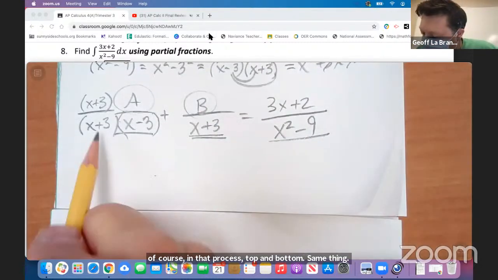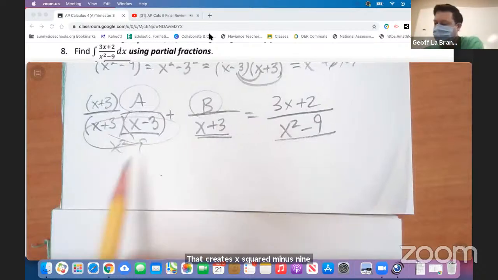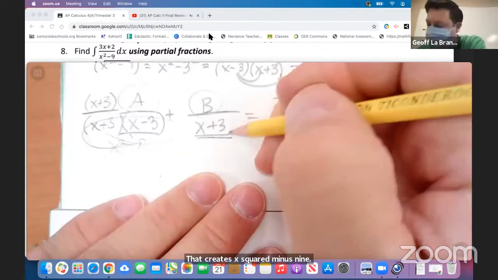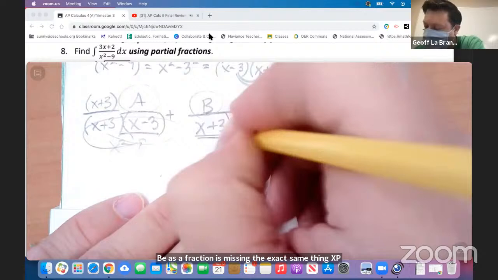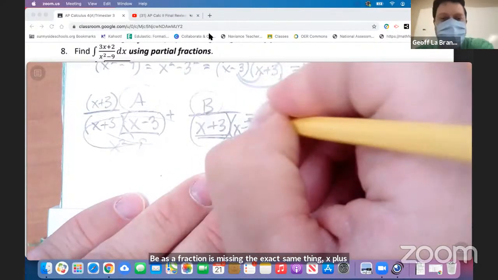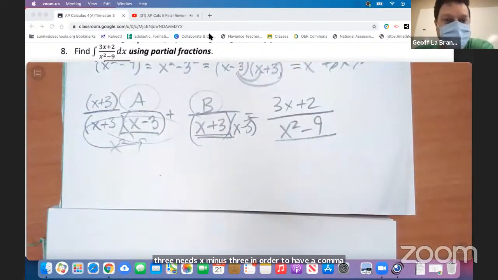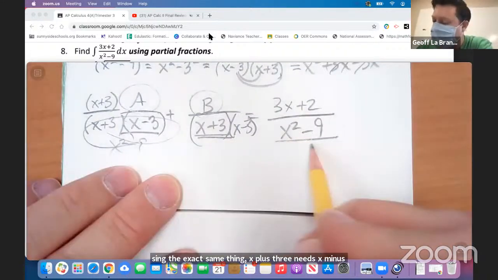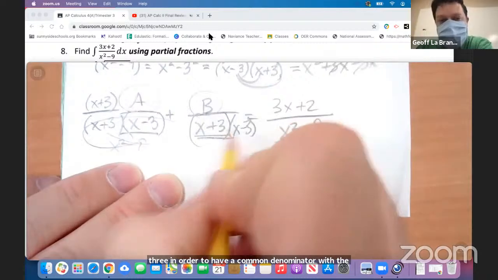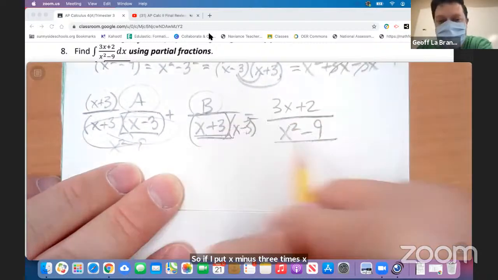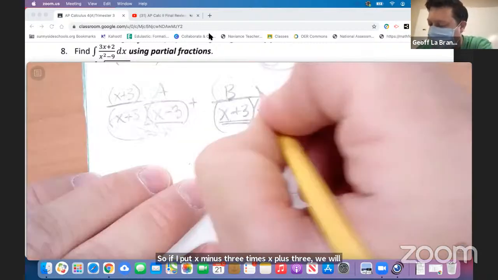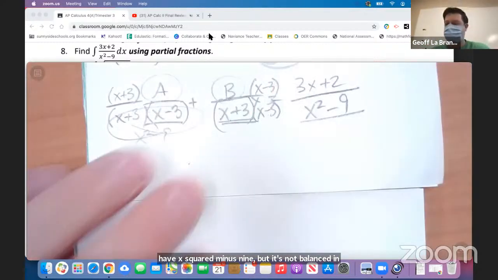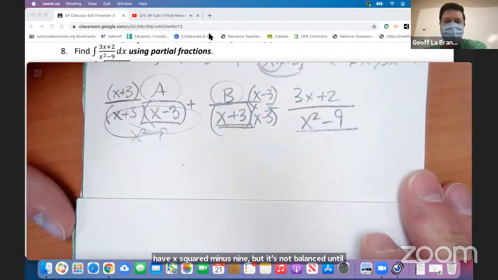That creates x squared minus 9. B as a fraction is missing the exact same thing. x plus 3 needs x minus 3 in order to have a common denominator with the other fraction and with what's over here. So if I put x minus 3 times x plus 3, we will have x squared minus 9, but it's not balanced until you put it on the top of the fraction there.